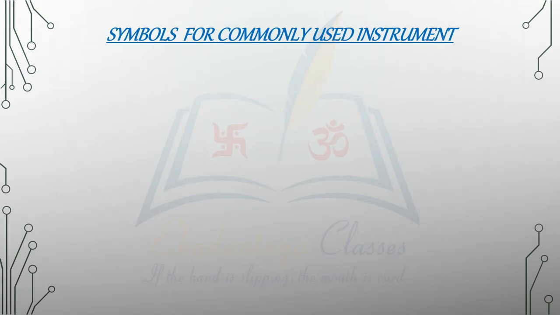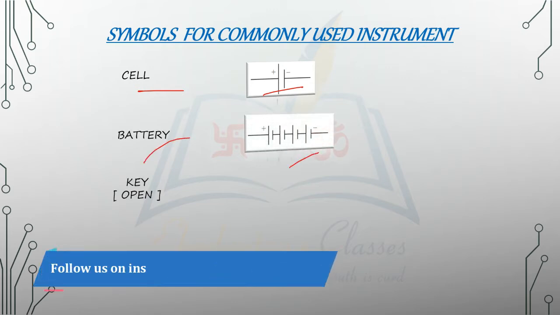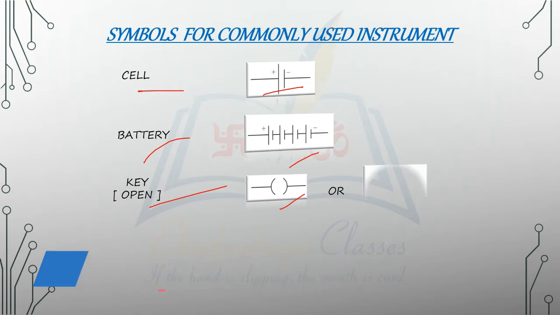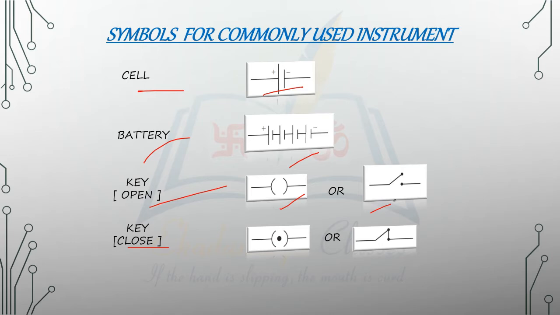Symbols for commonly used instruments. Cell. This is a symbol. Battery. This is the symbol. Key, which is in open condition. This is open, or this is a closed key. This is a closed key, or else this is an open condition key.